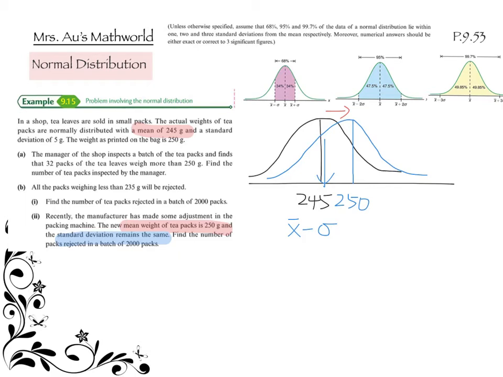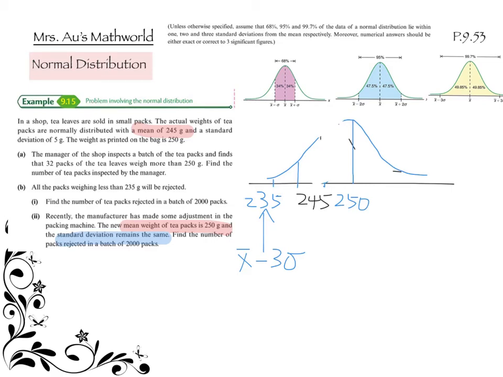So it means that 235 will be changed to x bar minus 3 SD. So let us clean the graph and make it easier to read. Too much information here. The new mean is 250. We got the new graph.